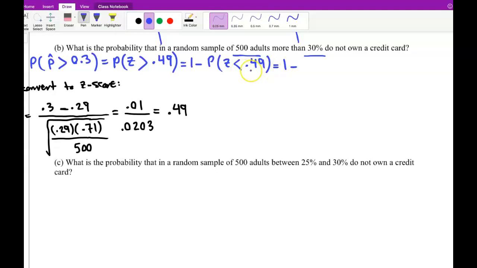So using the table when z is equal to 0.49, area in the body of the table is 0.6879. So subtract, the answer is 0.31.